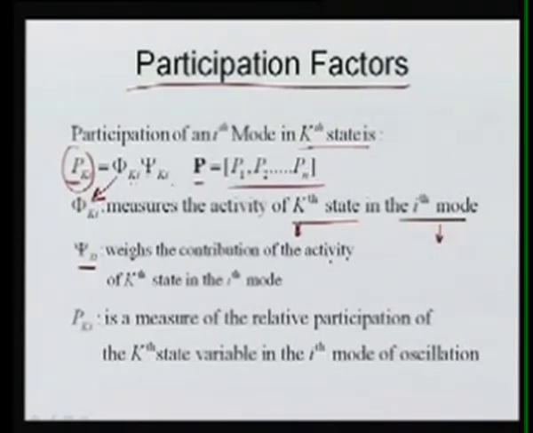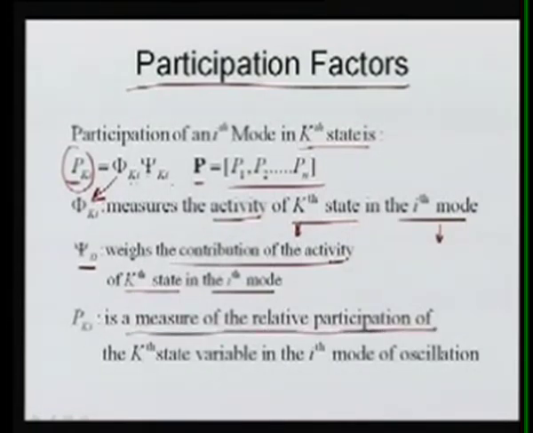So p ki is a measure of the relative participation of the kth state variable in the ith mode of oscillation. This participation factor is normally calculated, and based on that we normally see the behavior of the system.